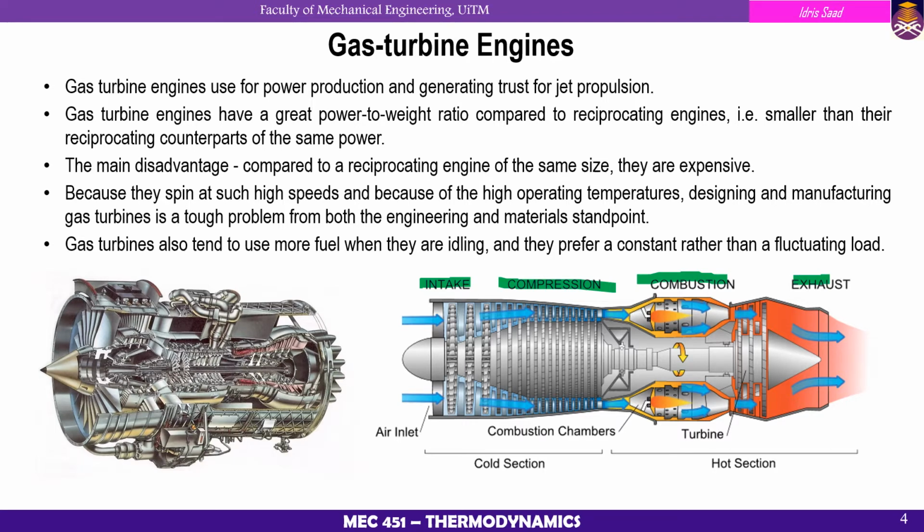Basically, all engines have to complete all four processes of the power cycle, which are intake, compression, combustion, and exhaust. This power cycle is very similar to the reciprocating engine of the petrol and diesel engine. The main difference is only the arrangement of the power cycle sequences.